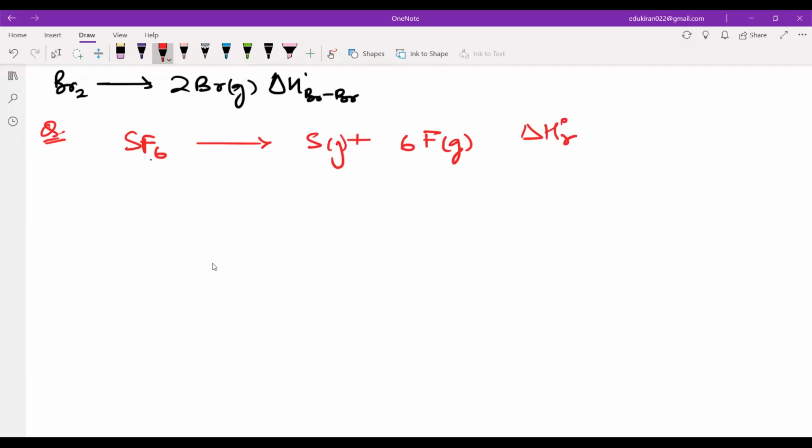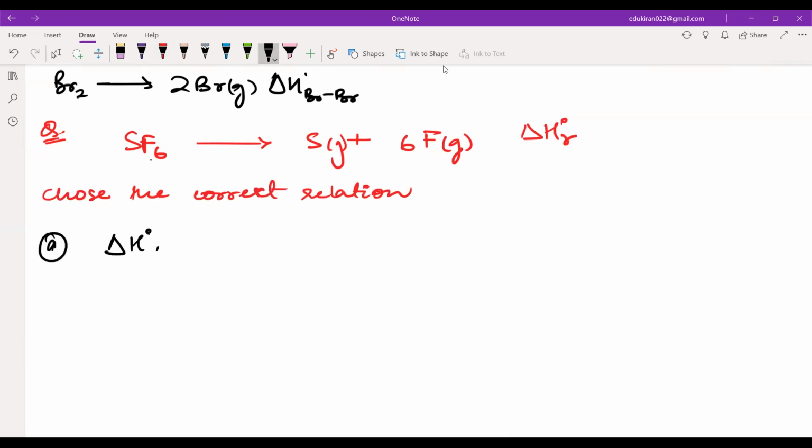This reaction has delta H naught R. Choose the correct relation. You are going to find the enthalpy of the S-F bond.